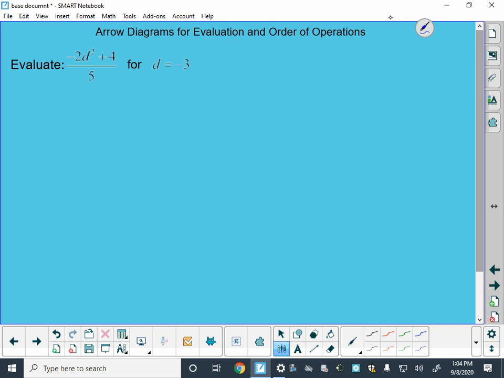So to begin with, the idea here is that there's an input-output relationship, and the input begins with a d, so we'll build our arrow diagram for that. First step, squaring. On my second step, I actually have a couple of choices that I could put on here. I will go ahead, as I did in the last one, and put the d squared in here.